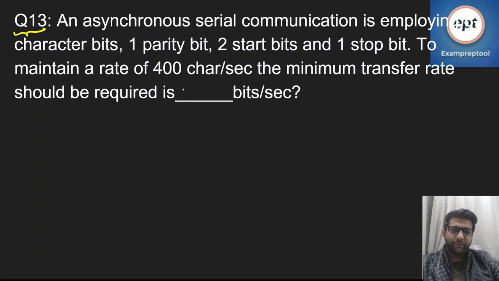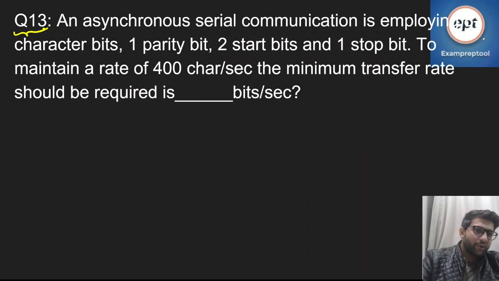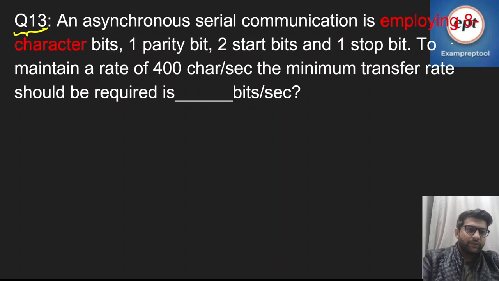Again, this is a question on data transmission speeds. Let's try this question on your own, if you have understood the concept that I have explained. It says that asynchronous serial communication is employing 8 character bits, 1 parity bit, 2 start bits and 1 stop bit.